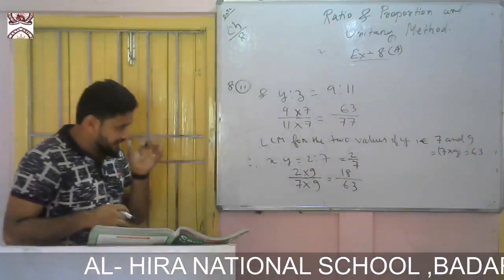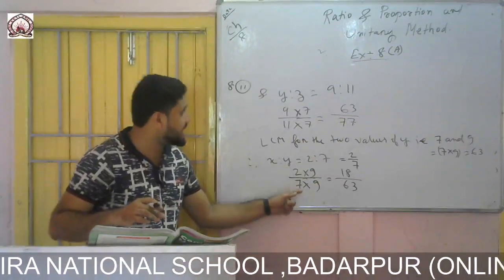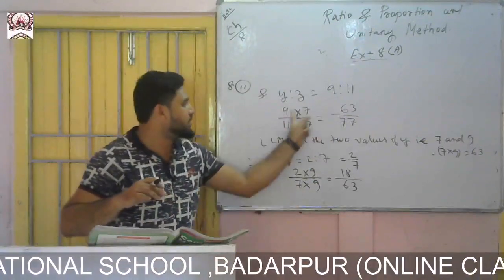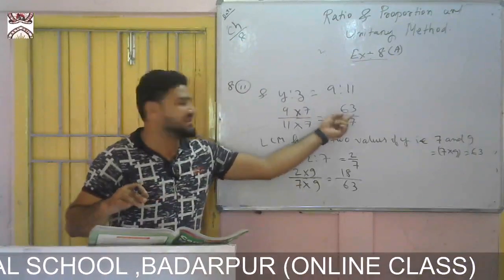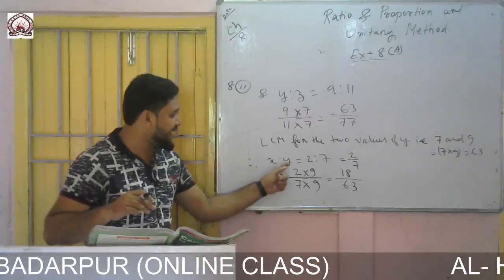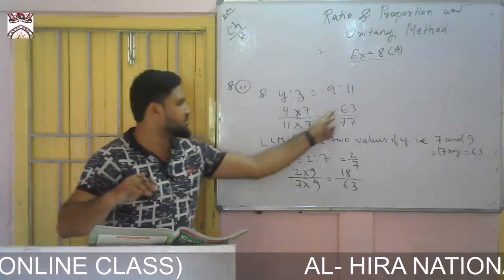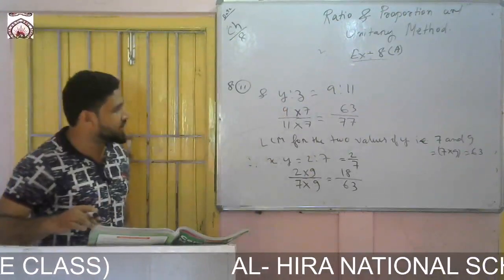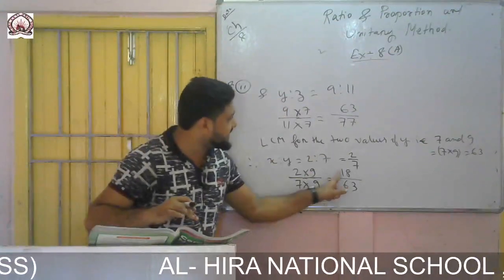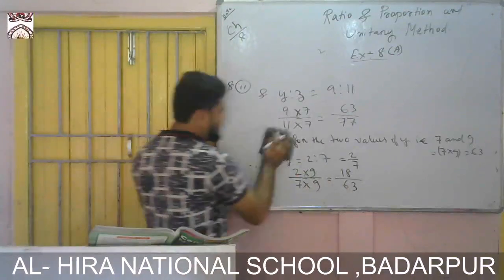Okay. So now you see the value of y: in x by y, y is second, and in y by z, y is first, so we need to make the value of y 63. Now we got the values 18, 63 and 77.